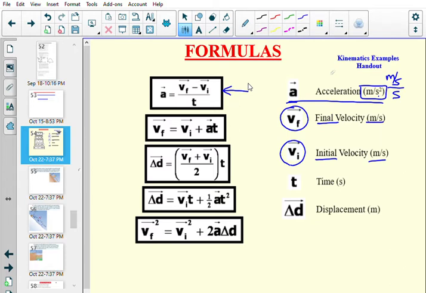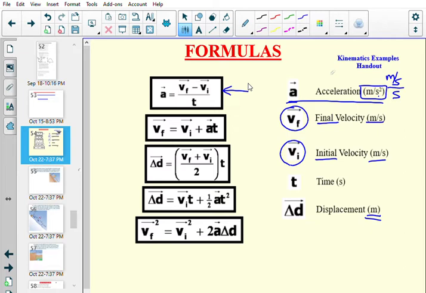Your time interval in seconds is t, there's nothing new there. And your displacement, whether it has the triangle or not, is your d variable, and that's generally going to be measured in meters. So you see the original acceleration.